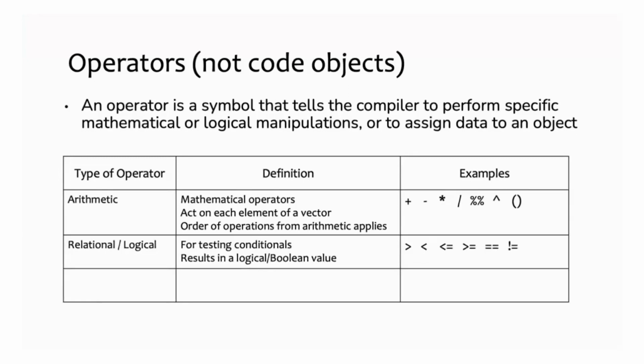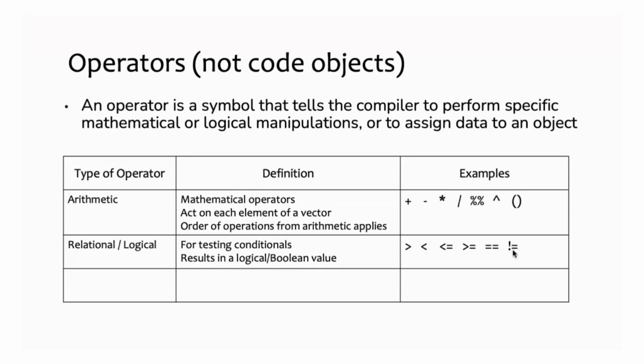Relational or logical operators are for testing conditionals, and the result of a relational or logical operation results in a logical or Boolean value, so true or false. And you're probably already familiar with these operators: greater than, less than or equal to, greater than or equal to, equals to, or not equals to.